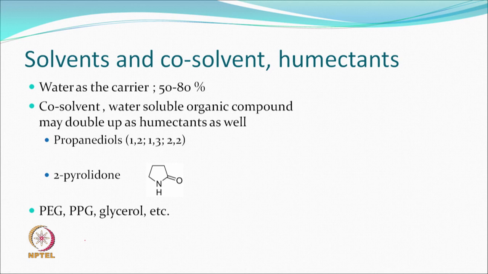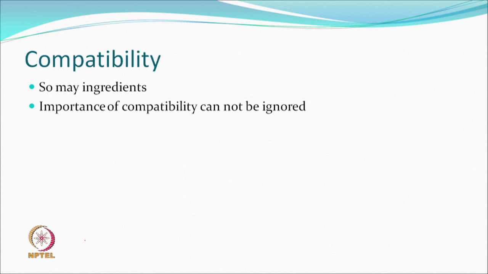For example, we just said propane diols or pyrrolidones, and polyethylene glycol, polypropylene glycol, glycerol, etc., may form another group of chemicals to be added. When we add so many chemicals, obviously we will be looking at the compatibility. It should not happen that because of one or the other there is coagulation, settling and breakup of the dispersion.